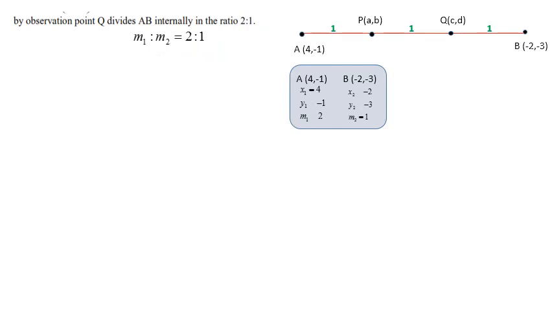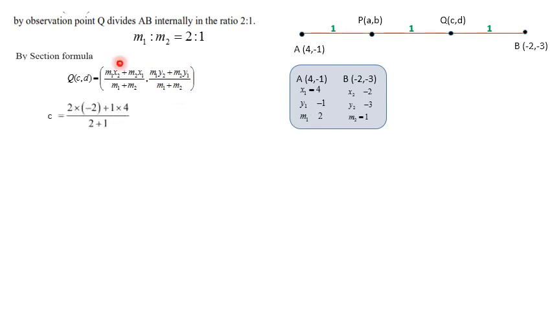So m1:m2 is 2:1. We can calculate the coordinates of Q by using the section formula (m1x2 + m2x1)/(m1 + m2), (m1y2 + m2y1)/(m1 + m2). Simply substitute the values: m1 is 2, x2 is -2, so 2 into -2, plus m2x1, m2 is 1, x1 is 4, that is 1 into 4, divided by 2 plus 1.